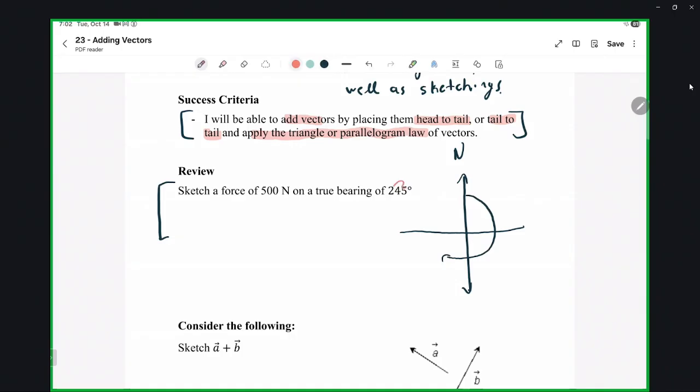In this case, 245 degrees is equal to 90 plus 90 plus 65. That's going to end up in quadrant 3, so our vector will be down here. This angle in here ends up being 65 degrees, and that force is going to be 500 newtons. So this is a sketch of what this would look like.